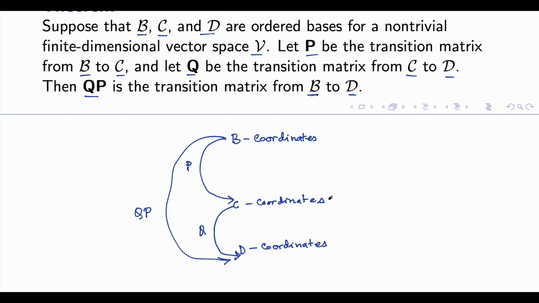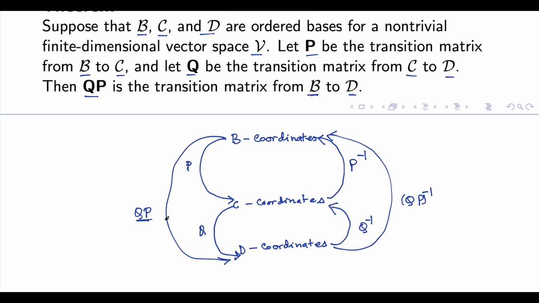On the other hand, since P is a transition matrix from B to C, we can always find the transition matrix P inverse, because P is non-singular, right? And from D to C it will be Q inverse. And I can also go back from D to B using (QP) inverse.